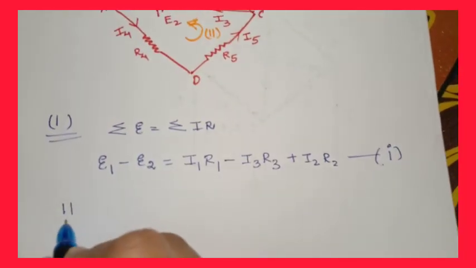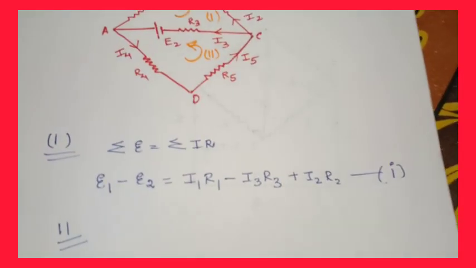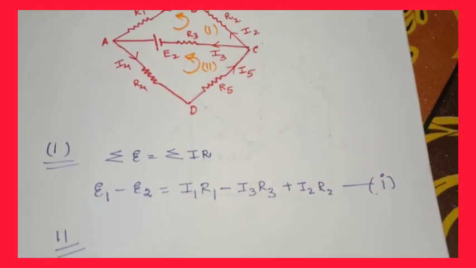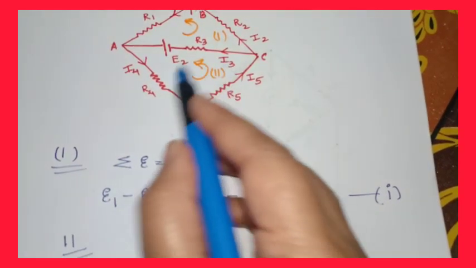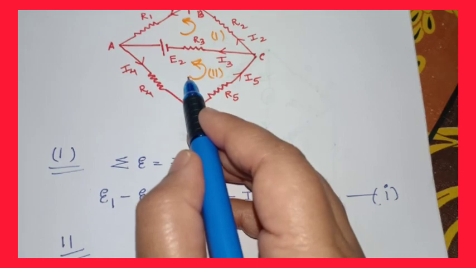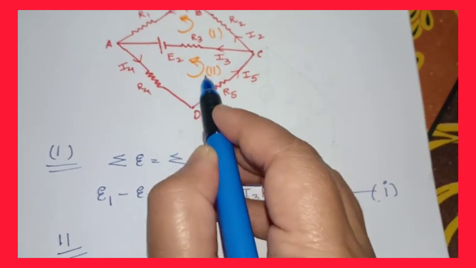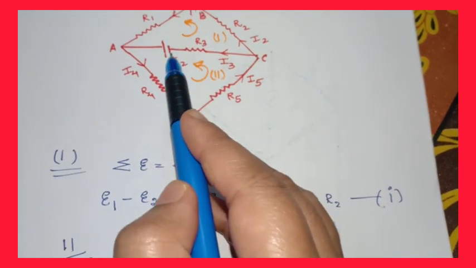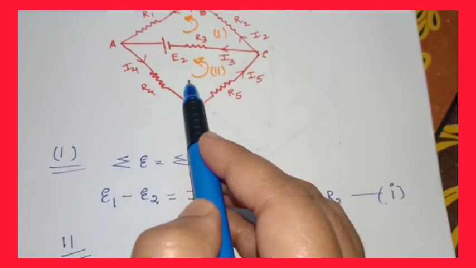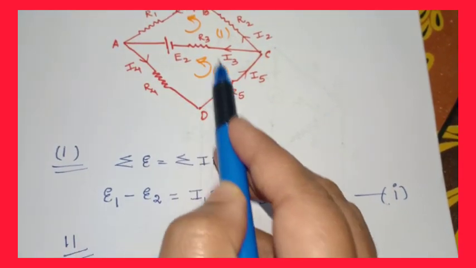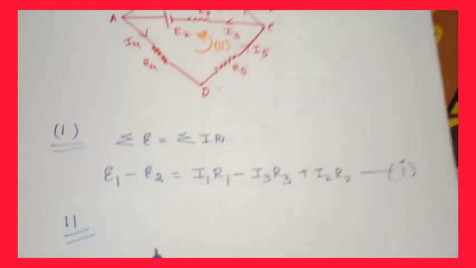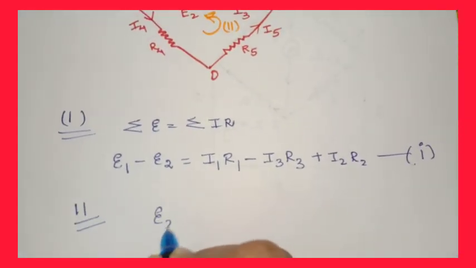Similarly, let me take the second loop and apply KVL. I have taken the counterclockwise direction in the second loop also, and you can see when I take the counterclockwise direction, the direction that I have traversed is from minus to plus of the cell. That's why this EMF has been taken to be positive.